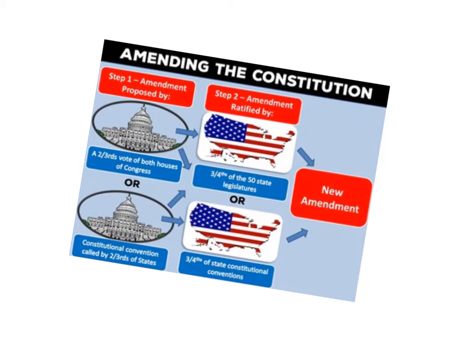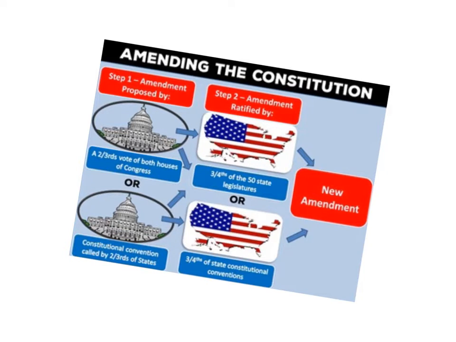There's a whole bunch of fractions in this, and you might see questions where you see the actual numbers 2-3 and 3-4, and sometimes they even write it out in words. But anytime you're seeing anything about 2/3 plus 3/4, chances are they're going to be saying something about amending the Constitution. So if both of these steps are achieved, then we can add a new amendment to the Constitution.